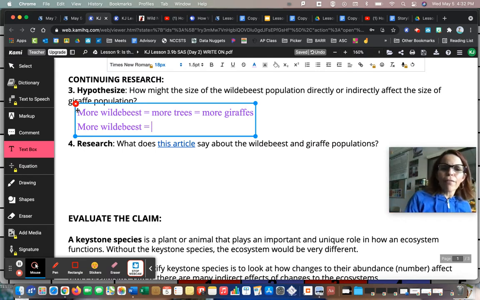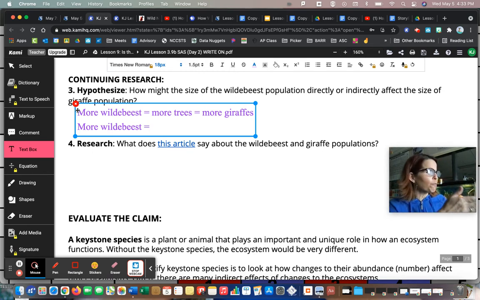I think the predators are going to go for the wildebeest if they can. So if we've got a huge wildebeest population, then the predators can focus on the wildebeest and start ignoring the harder to eat and trap and hunt giraffes. So I bet the giraffe population is going to go up when the wildebeest population goes up.